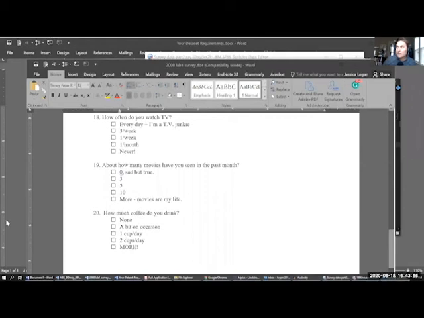Okay, but here's the thing. Notice that these 2 things I was just talking about adding together, if I added together this one, every day I'm a TV junkie, with this one, this first response, 0, sad but true, that's not giving me a good indicator of how many movies we've seen in the past month.